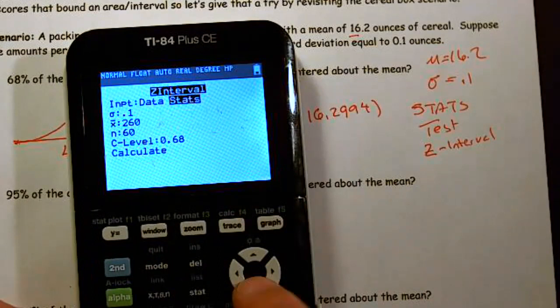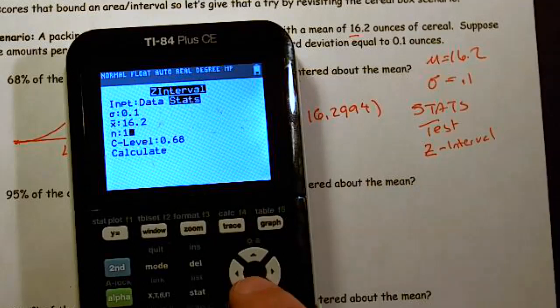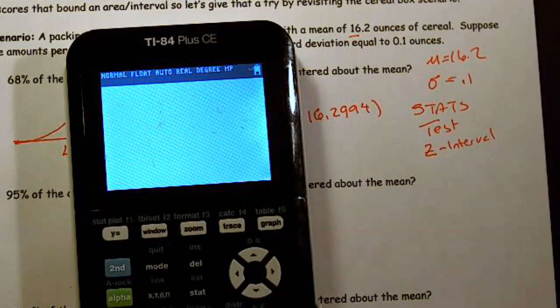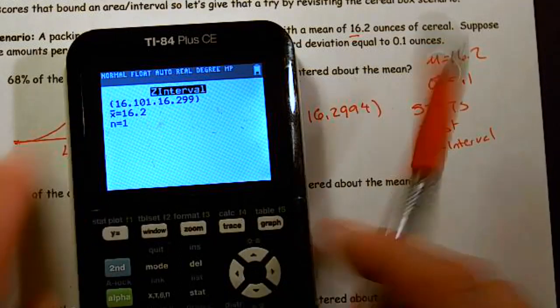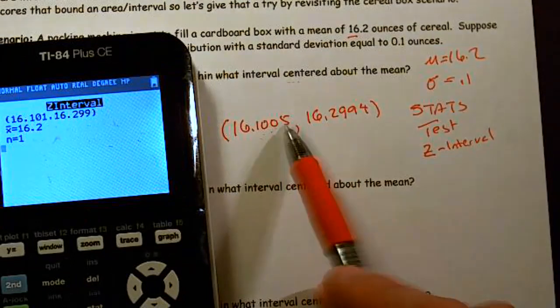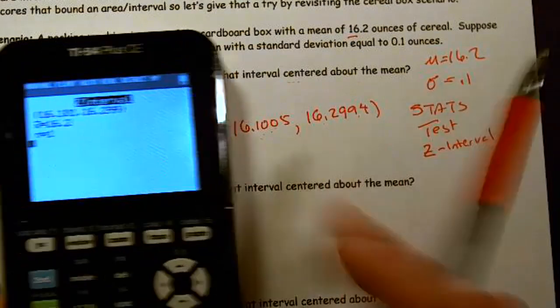Oh, it was 0.1. What was my x bar? Well, my mean is 16.2. My n, they didn't tell you how many boxes, so we're going to just use 1. If they don't tell you the sample size, assume 1. And my confidence level is just my area, the centered part. In other words, the center level. And look what happened. 16.101 and 16.299. That's pretty fast, all right?